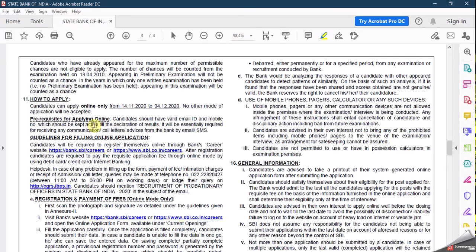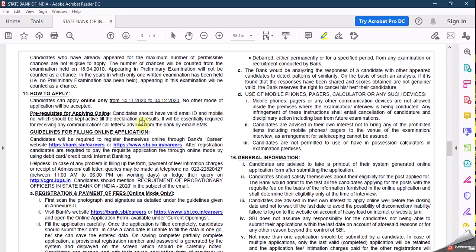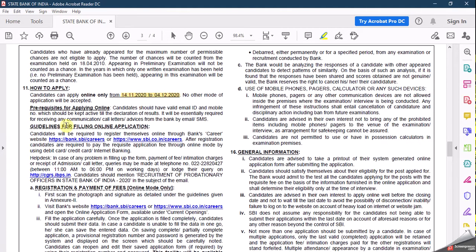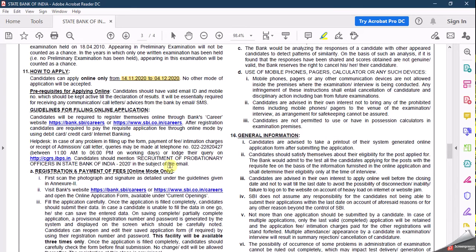So now how to apply, you all can go through it. As I said in the beginning also, application forms have already started from 14th November, and the last date to apply is 4th of December. They have clearly mentioned the guidelines for filling the online application.